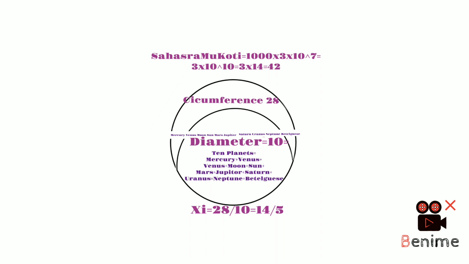Apart from them, we are dropping Uranus, Neptune, and Betelgeuse also into this sphere. So it will make 3 into 14, which is 42, and each 14 has a value of 1000 into 10 raised to 7, which is 10 raised to 10. So these are the Sahasra Mukkoti Devathas.